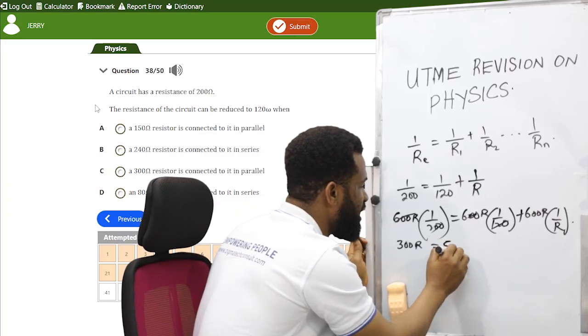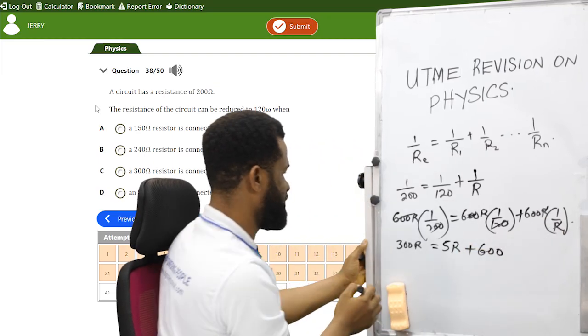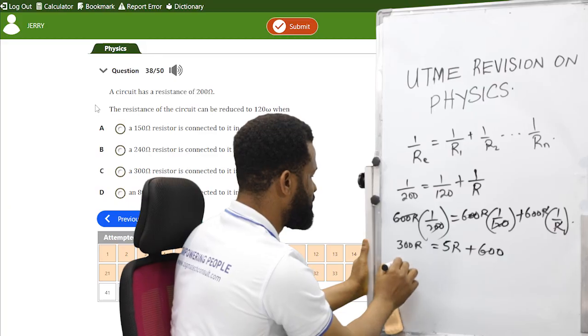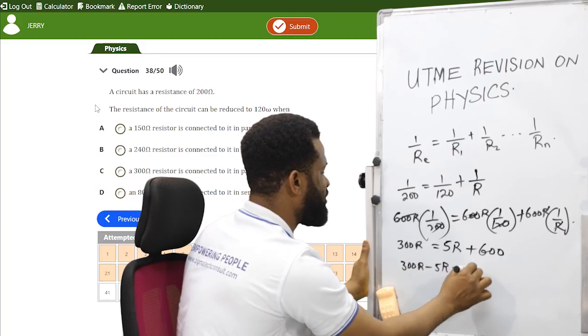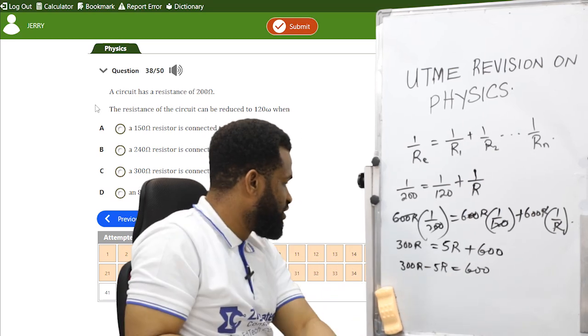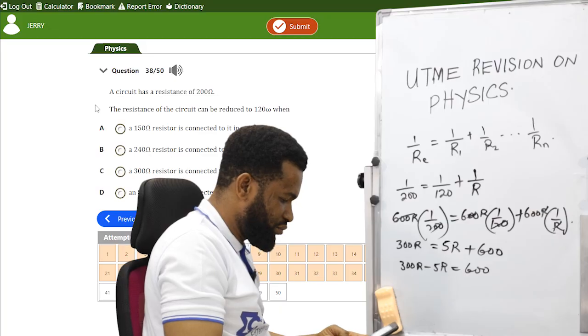So this is 5R plus 600. So we have 300R minus 5R equal to 600. So this is going to be 295. So 600 divided by 295.